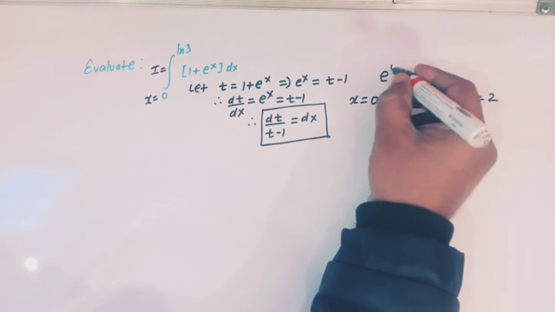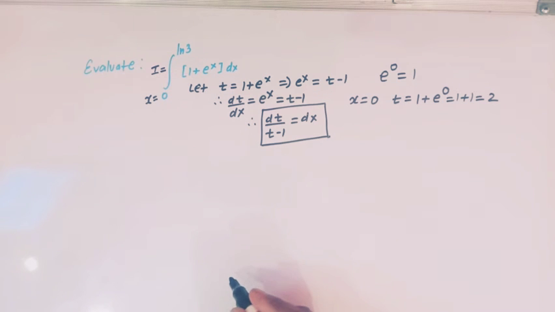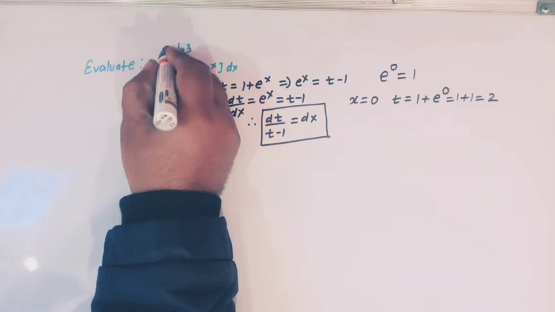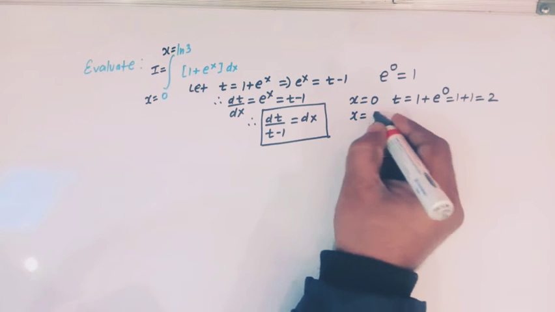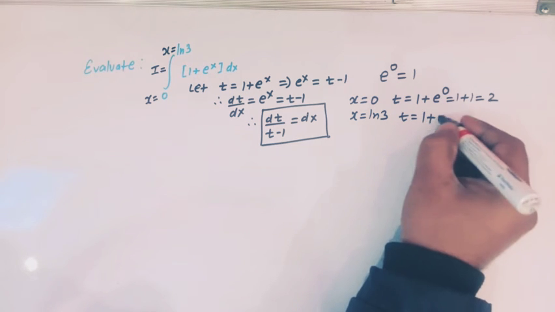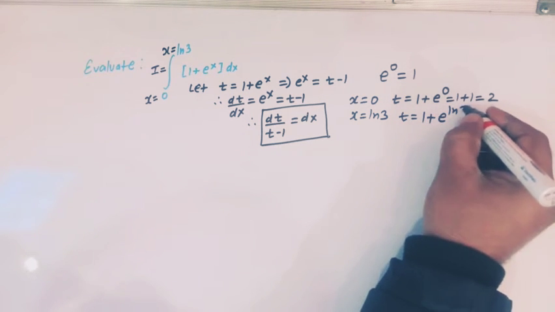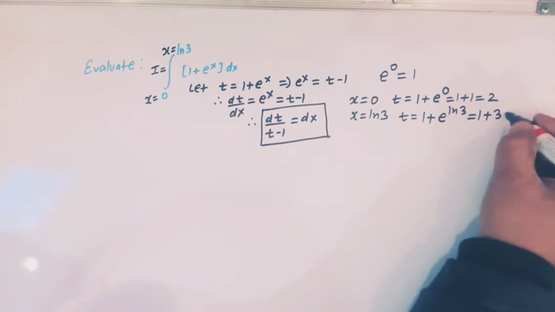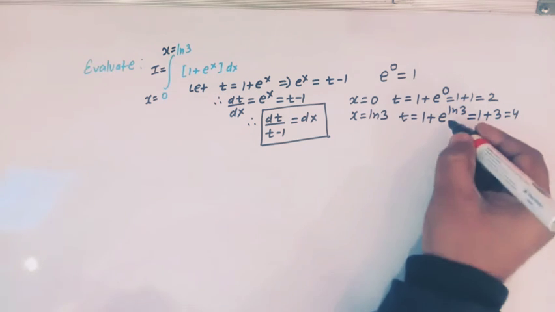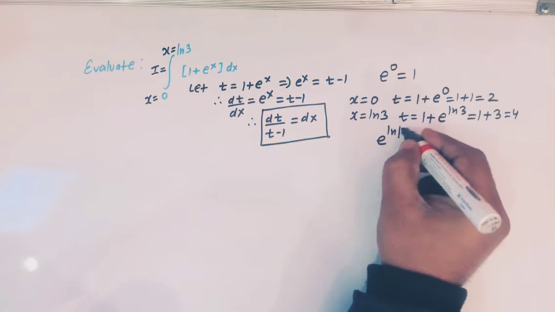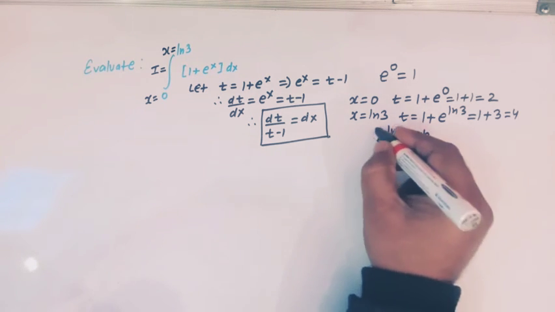E raised to 0 is equal to 1, where e is the exponential number. When x is equal to log of 3, this is the natural log, so t is equal to 1 plus e raised to log of 3, and e raised to log of 3 is 3, so this is 1 plus 3, that is 4. Here we have used the result that e raised to log of p is equal to p.